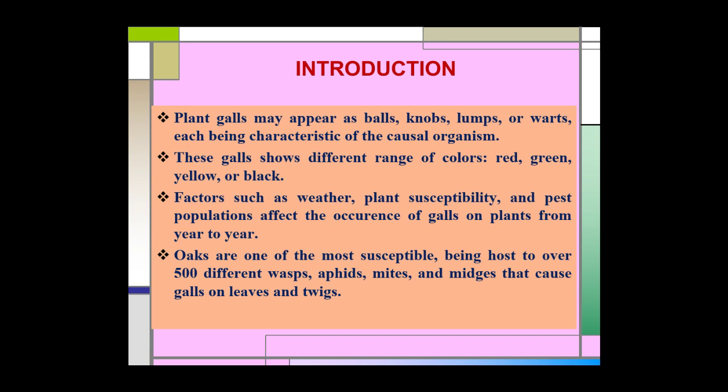Some environmental factors such as weather, plant susceptibility, and pest population also affect the occurrence of galls on plants from year to year. Oaks are one of the most susceptible, being host to over 500 different wasps, aphids, mites, and midges that cause galls on leaves and twigs.